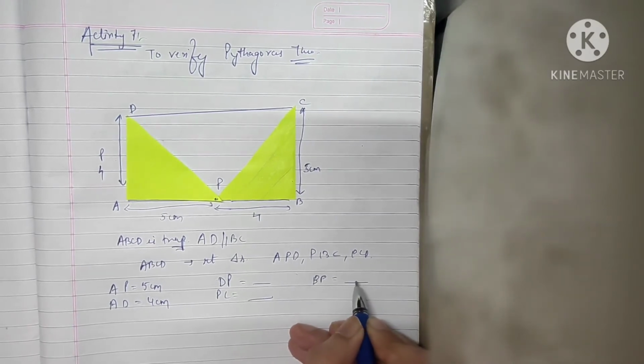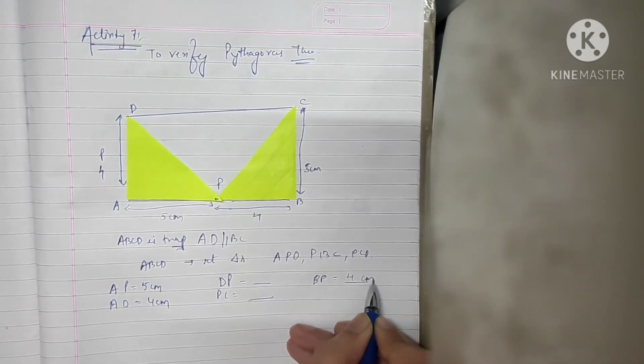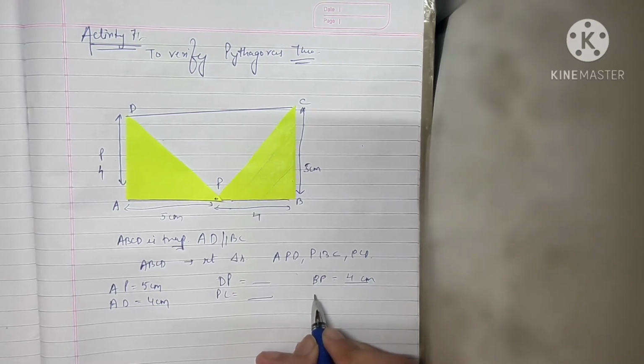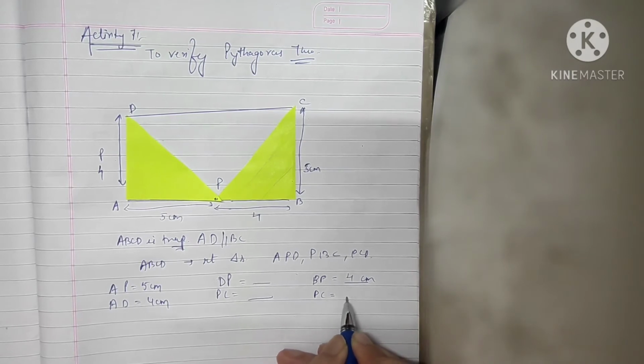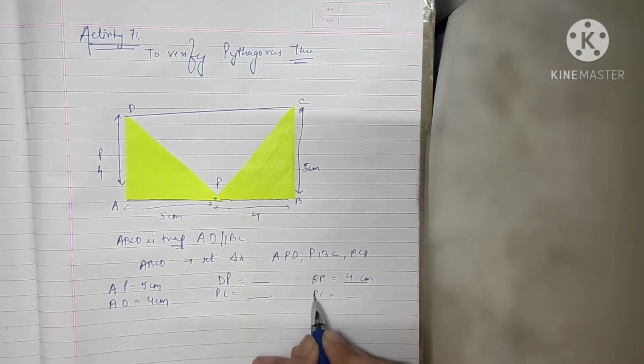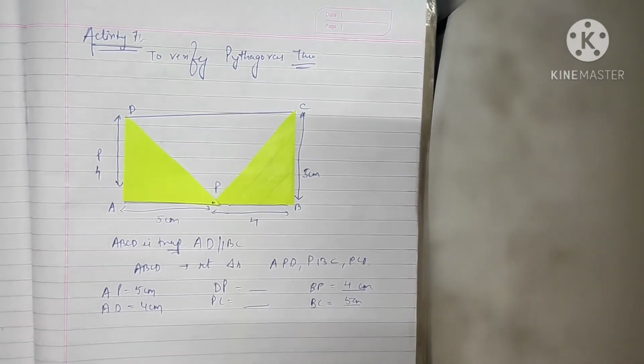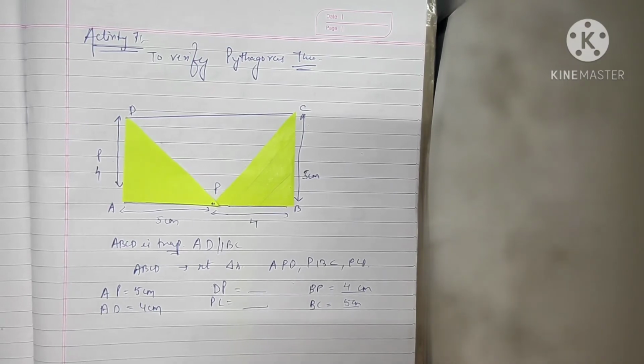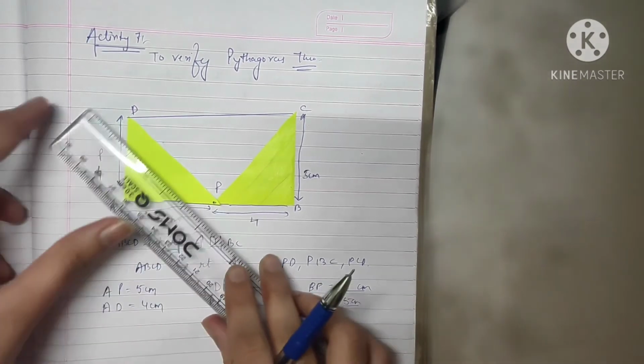BP is my 4 centimeter and PC we will find it. BC is my 5 centimeter. Okay, DP and PC you will measure by yourself.